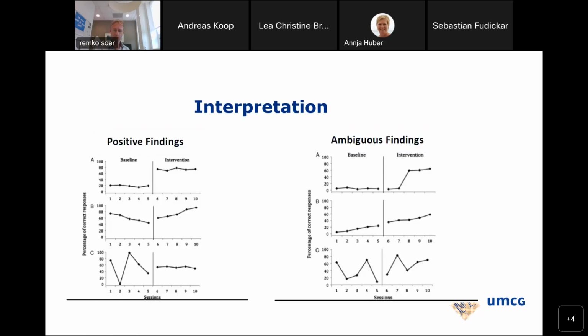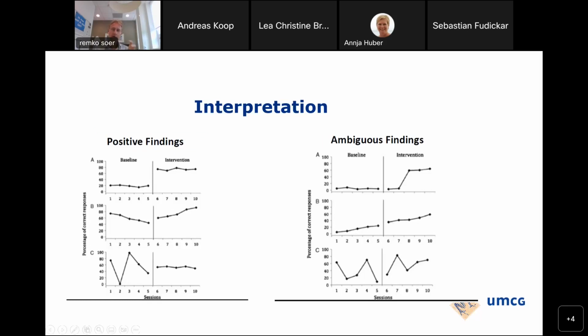Yeah, so basically what you see on the left side is that you really see a clear cut between the baseline and the intervention. But this is more ambiguous, and it's just hard to tell. It might be an effect. If you look at B, it looks a bit higher, and it keeps continuing. That's beautiful, but you saw that same trend already in the baseline.